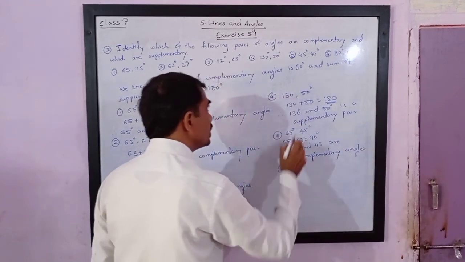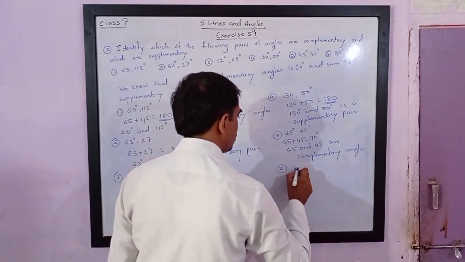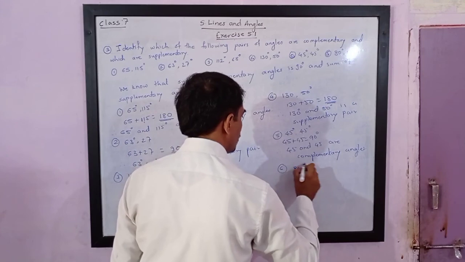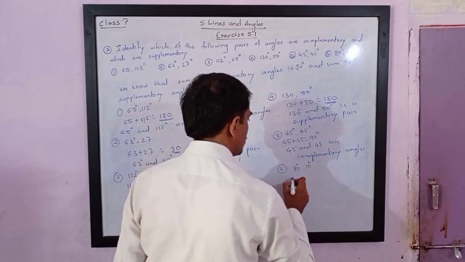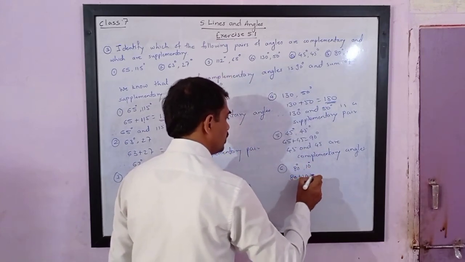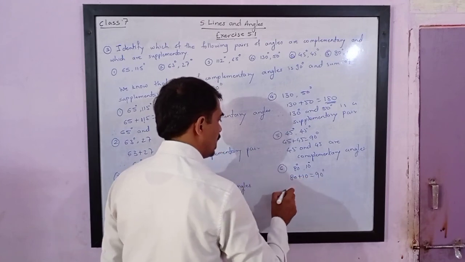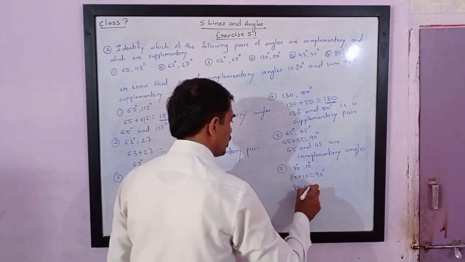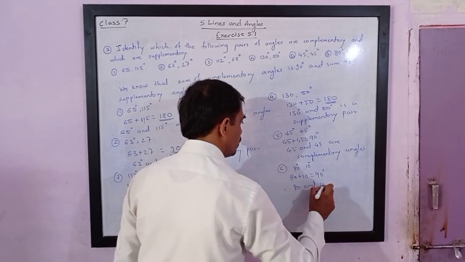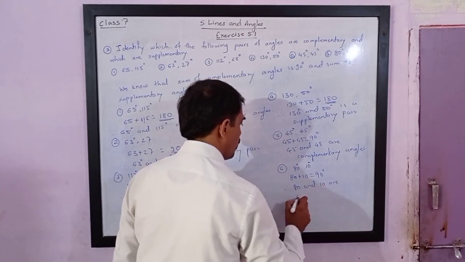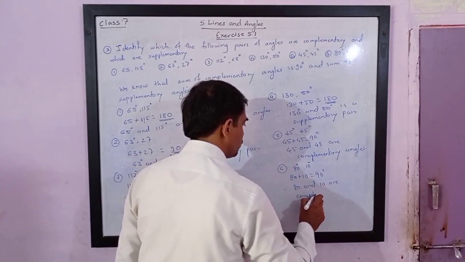And the last is 80 and 10. So let us do the addition of this. 80 plus 10 is 90. Hence we can say that 80 and 10 are complementary angles.